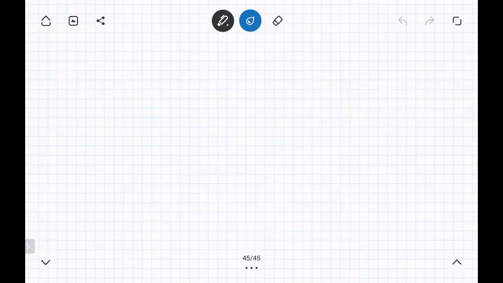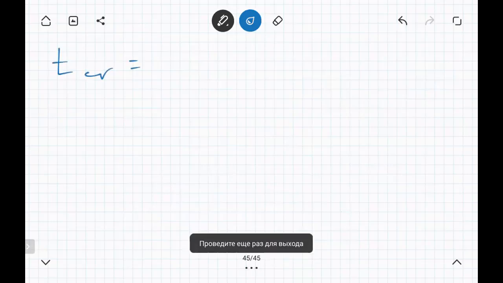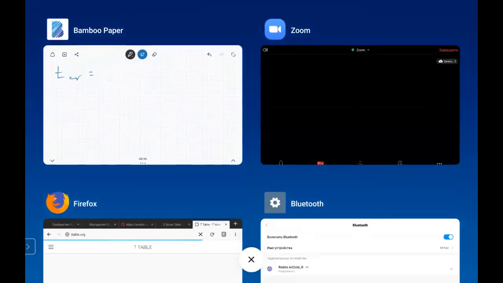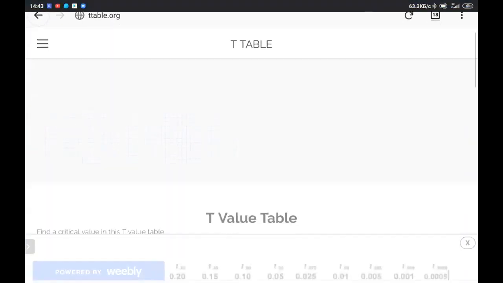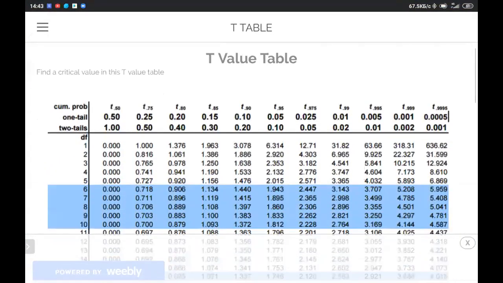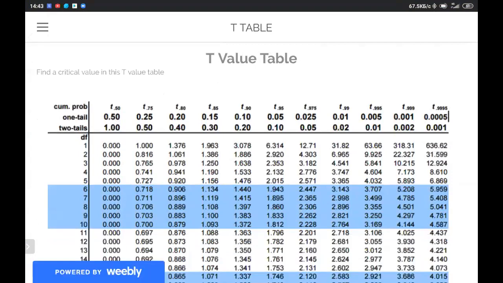Okay, so now we need to find the critical value. For that, I will need a t-table. Again, you can find it online, or you can look it up in the appendix of your textbook.